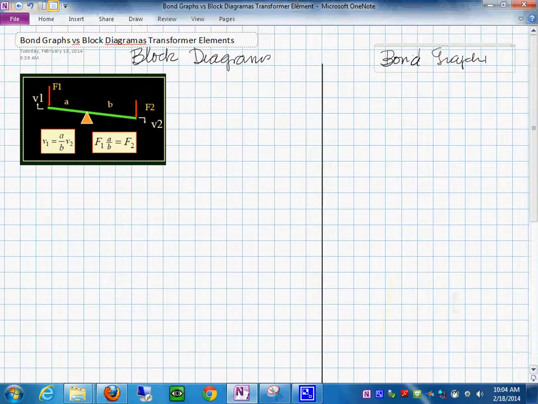So here we go. We have this lever. It's very easy to see. If we write the, let's use the proper term, the constitutive equations.